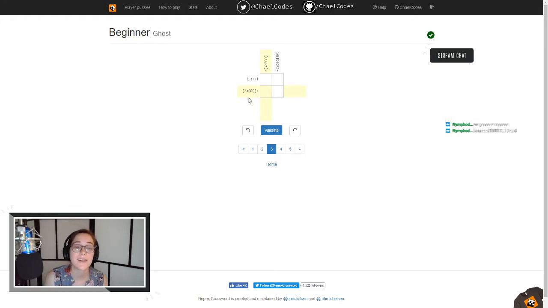Oh, but this one here kind of helps us. This one here, because it's got that up arrow, which means not, and it includes every single letter in the word Cobra except for the O. We know that this one has to be an O because this one says that it can't be C, B, R, or A. And then we've got our plus for one or more characters. And because we're repeating the capture group from this one right there, we know that this one has to be an O. All right, let's see.